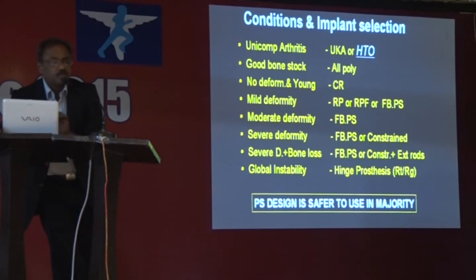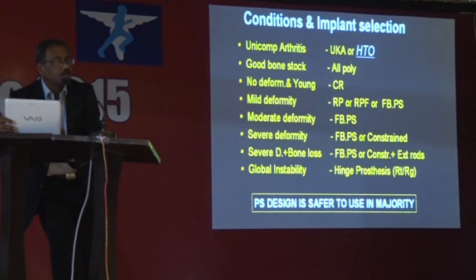And if there is good bone stock, go for all poly, there is no problem. All poly also gives very good results. With minimal deformity and a young patient, go for CR designs. With mild deformity, you can go for a rotating platform or even rotating high flex designs.